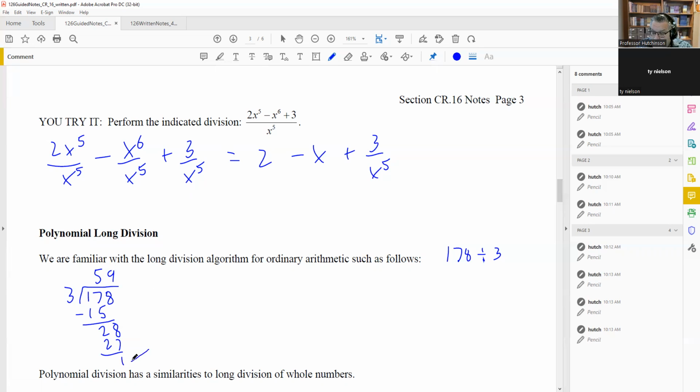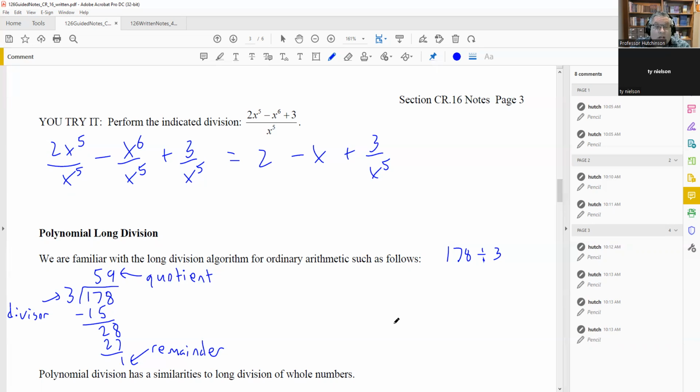So this down here is called the remainder. This number outside is called the divisor, and this number is called the quotient. Okay, so we have all of those. So that would be what normal long division looks like. It's something that you may have seen before in the past.